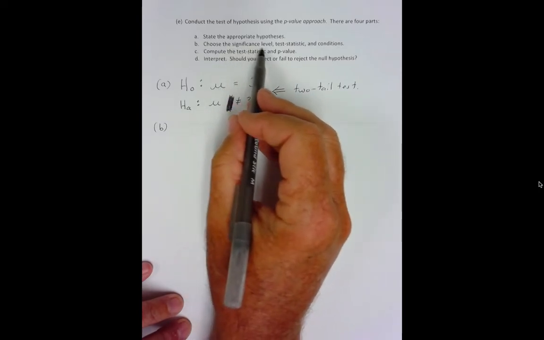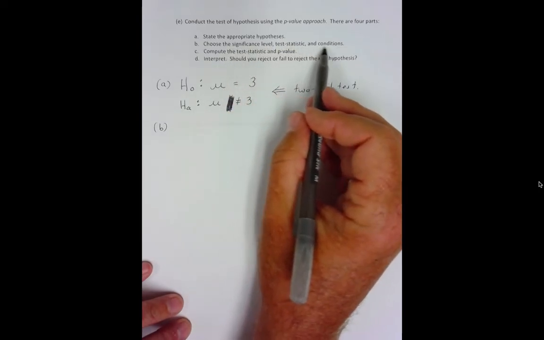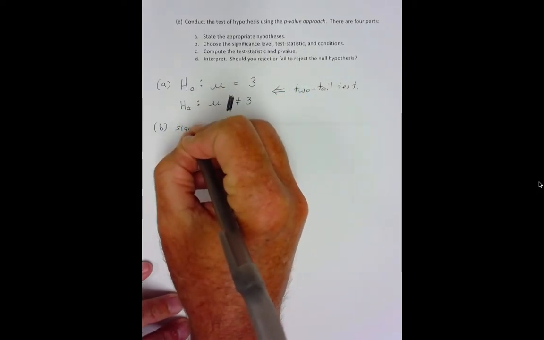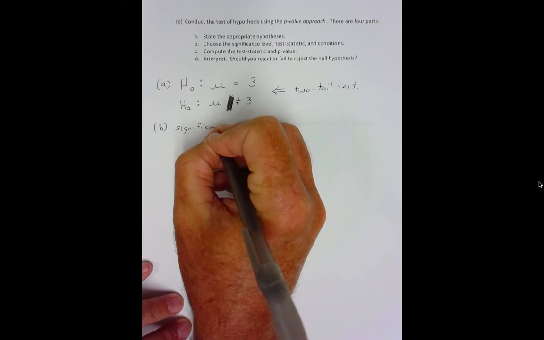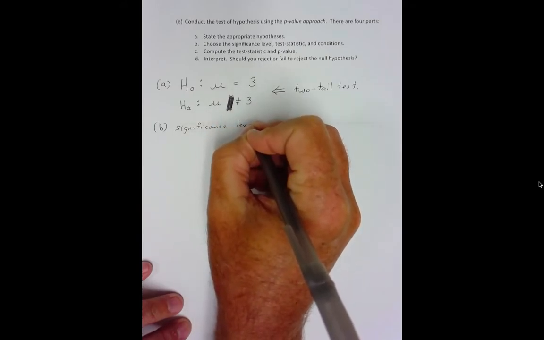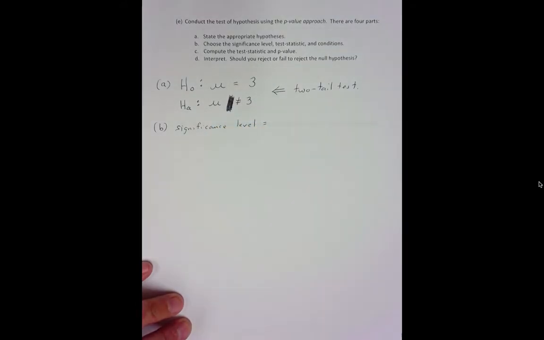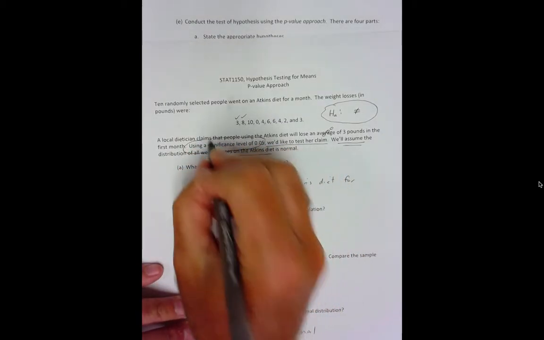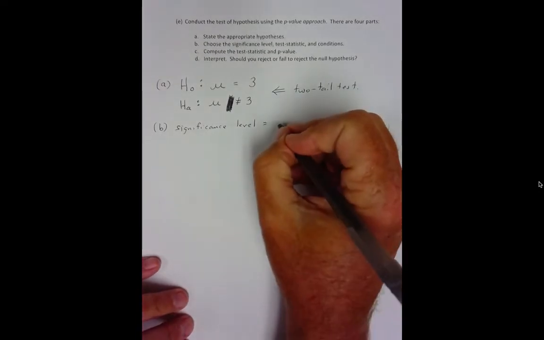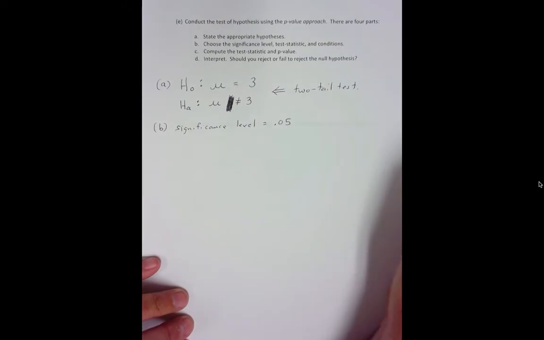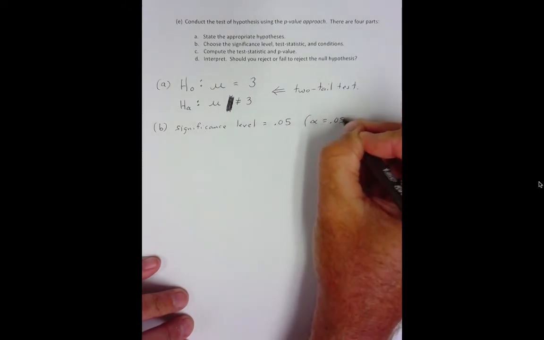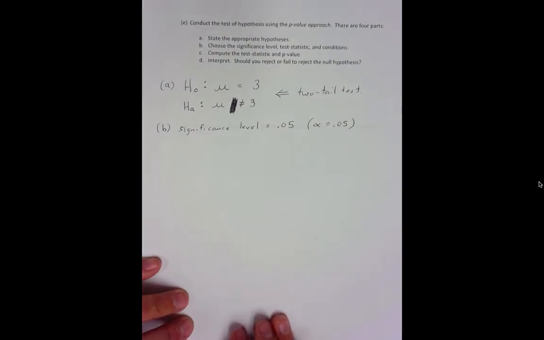Part B, choose the significance level, the test statistic, and the condition. Significance level is what? Let's go back to the original problem. Use significance level 0.05. Now, what do we know from this? That our alpha is 0.05.